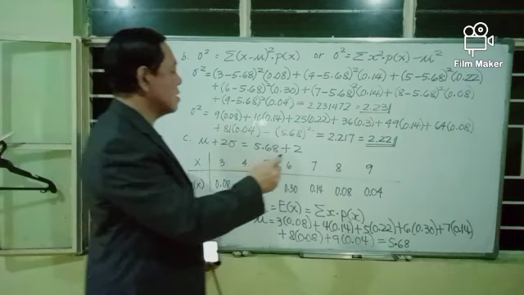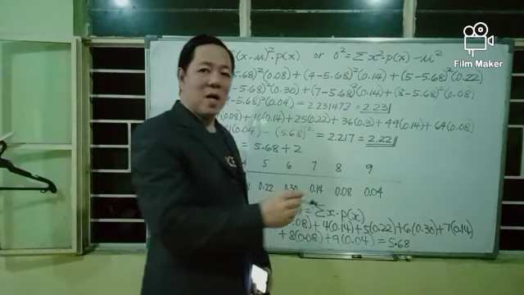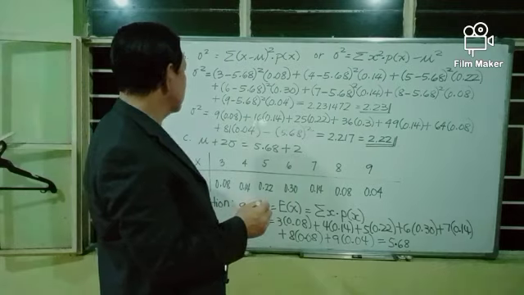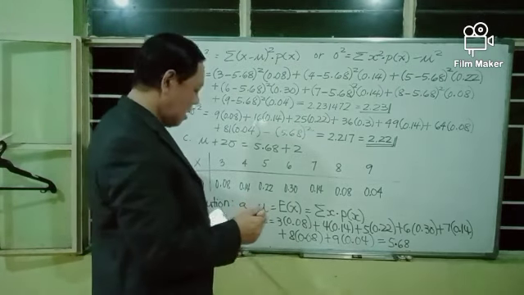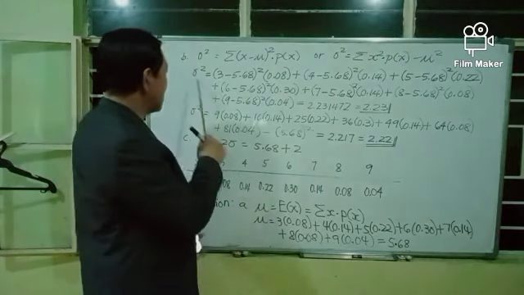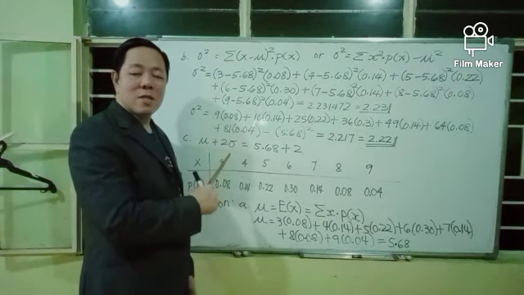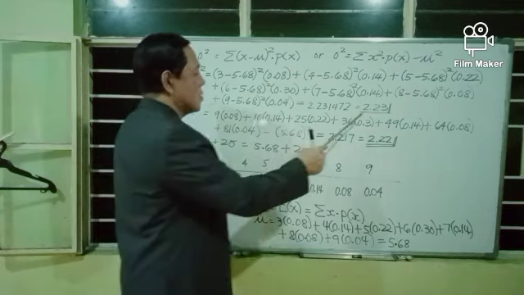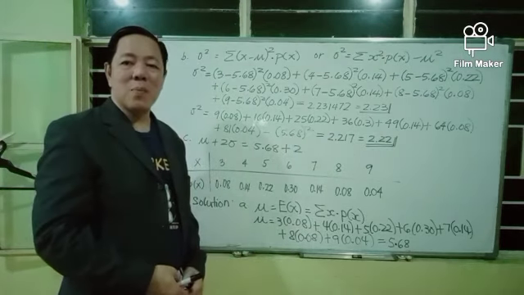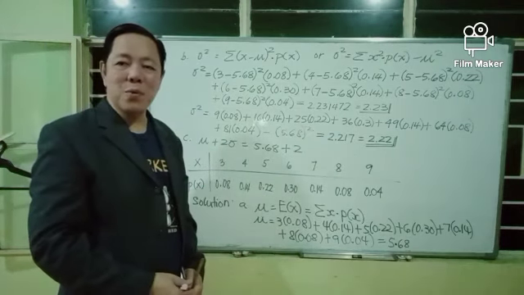As I said, we use the first value of sigma. Our sigma squared is 2.23, and sigma here is the square root of sigma squared, or the square root of 2.23.